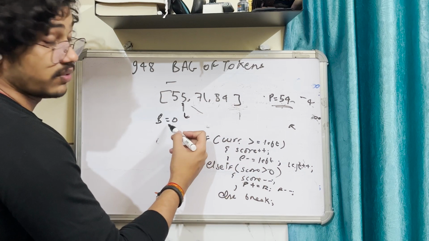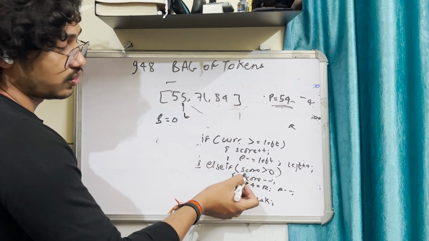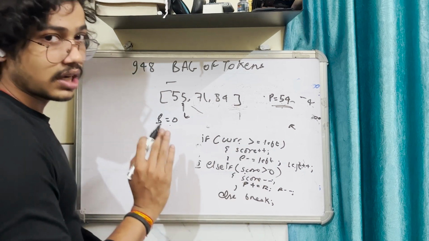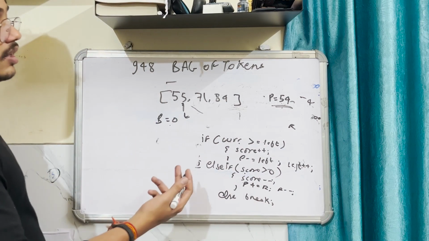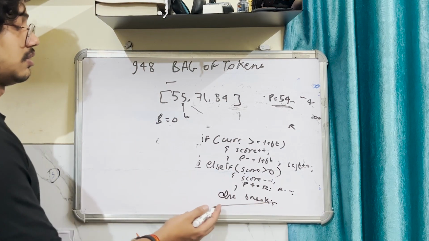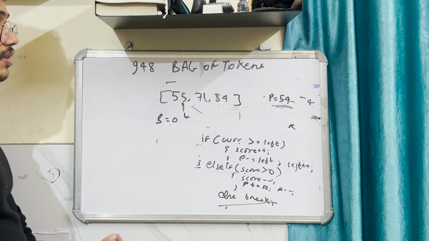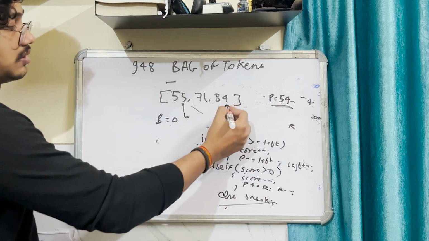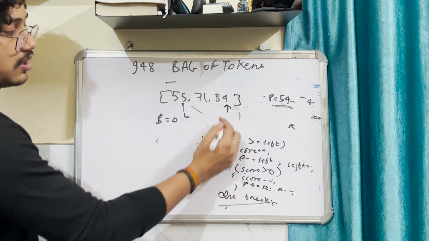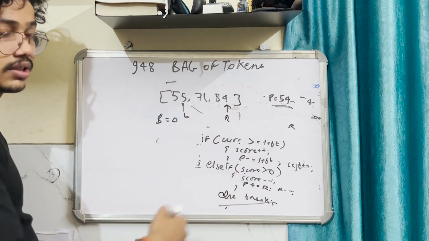So you will check if your score is greater than 0. That is also not possible. It means you can't do any transaction. If you can't do any transaction, there is no point in running the loop further. So you have to break. Otherwise it will give TLE, or it will get stuck in a loop, because you won't be increasing the left and right pointers, so it will just keep going on.